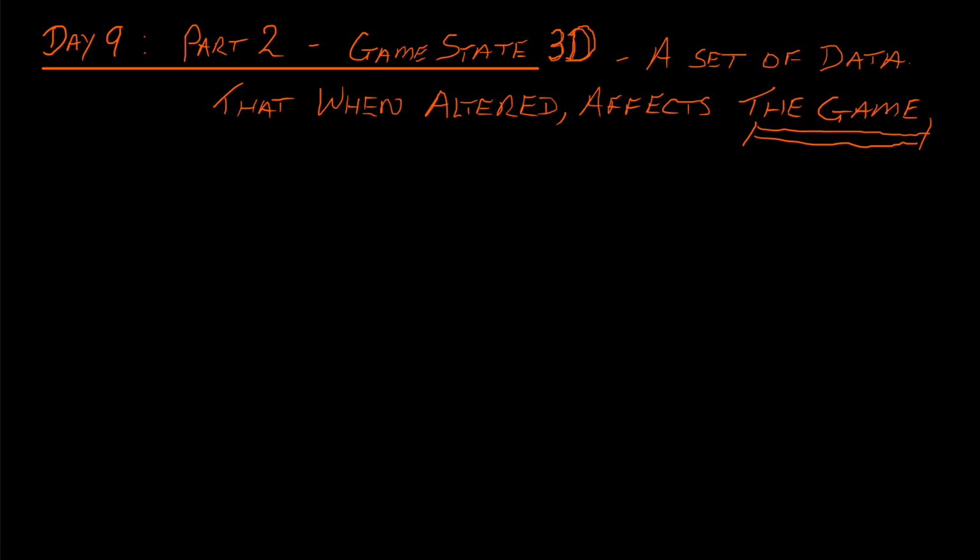Let's have the game at the center, because that's what this is all about. This is the bit that I want to program. The set of data that we can alter, the game state, is the data. So we're going to call that the data.